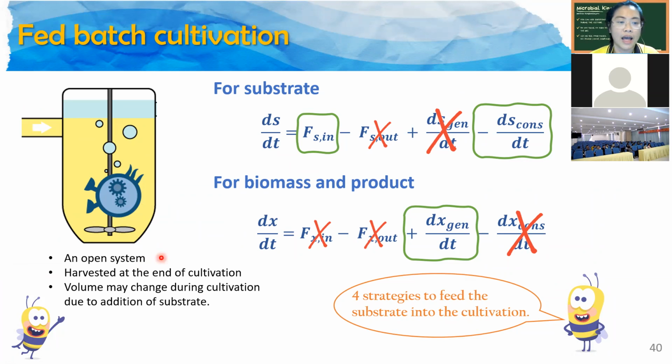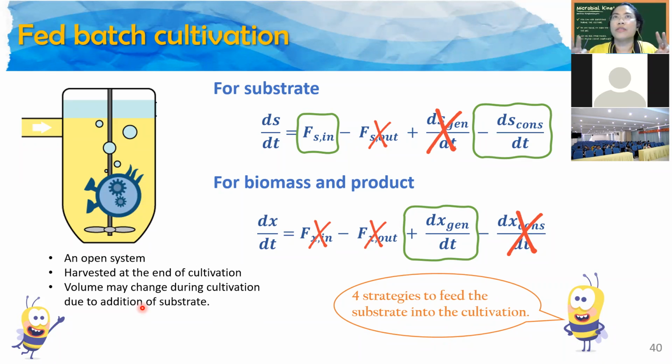In fed batch, as in the batch, you harvest at the end of cultivation. It's not like continuous culture where you have the flow out of the fermenter that you harvest all the time. So it's harvested once at the end of the cultivation. With this method, the volume may change during the cultivation because you have the addition of substrate.